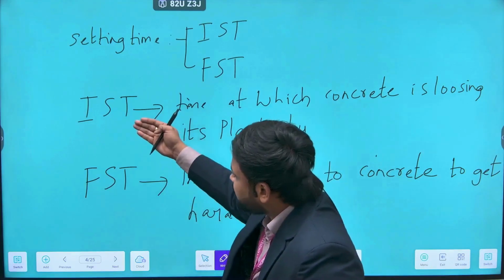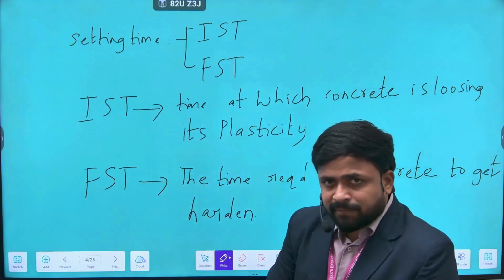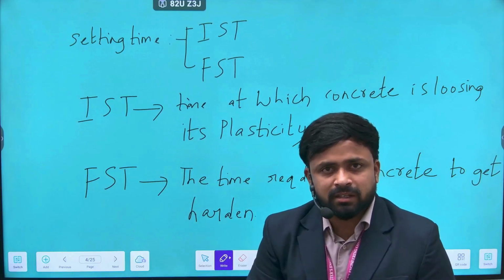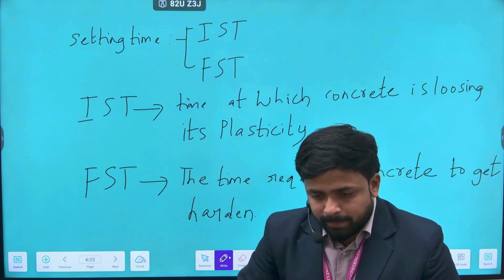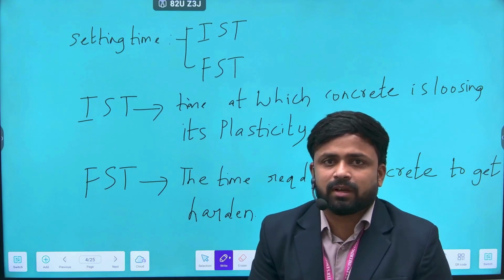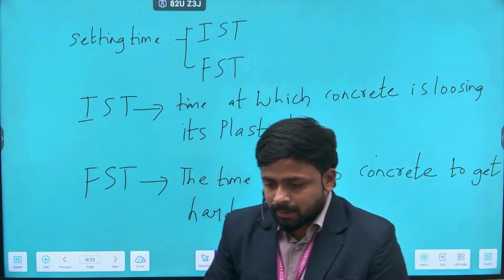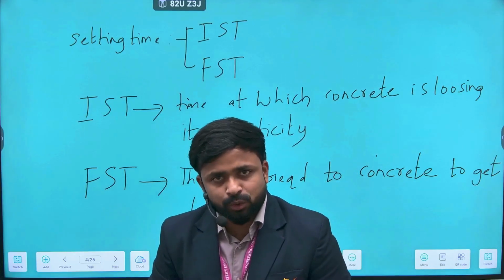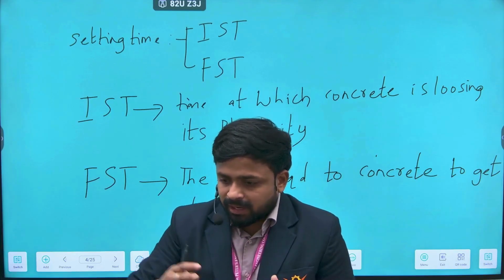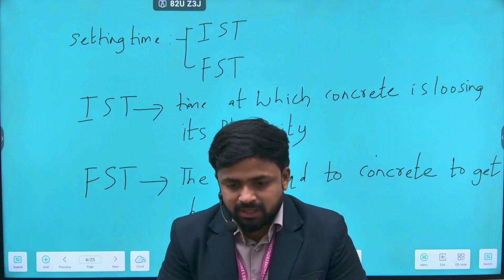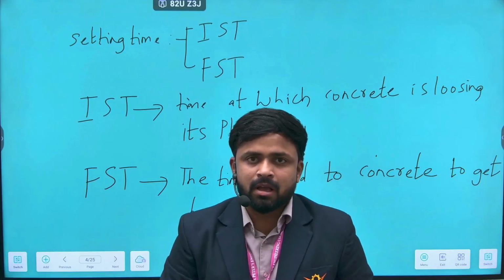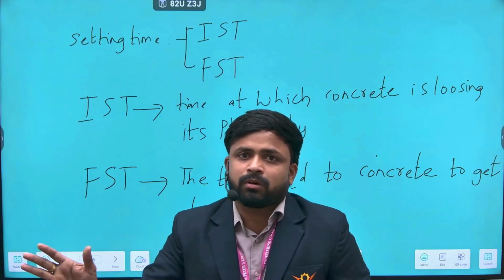Why do we need to know the initial setting time and final setting time? If we know them, we are able to know the amount of preparation time, how much time is available. When you start mixing the proportions of concrete, you need to know till what time I can go to my site, or till what time I can mix the sample, or till what time I can transport on the road.